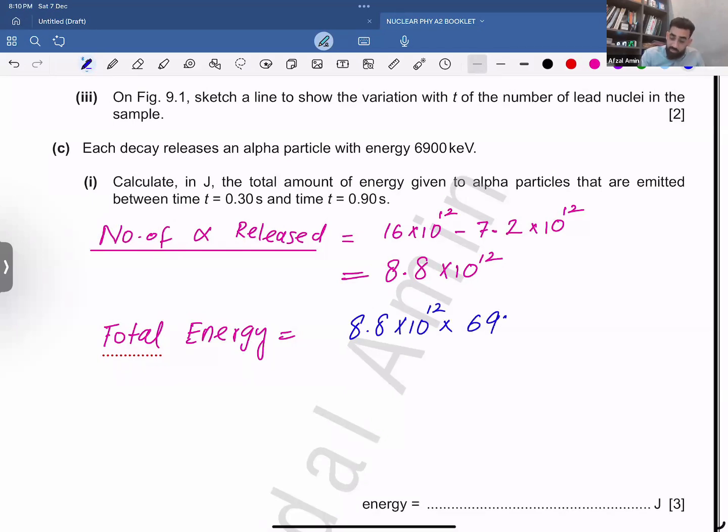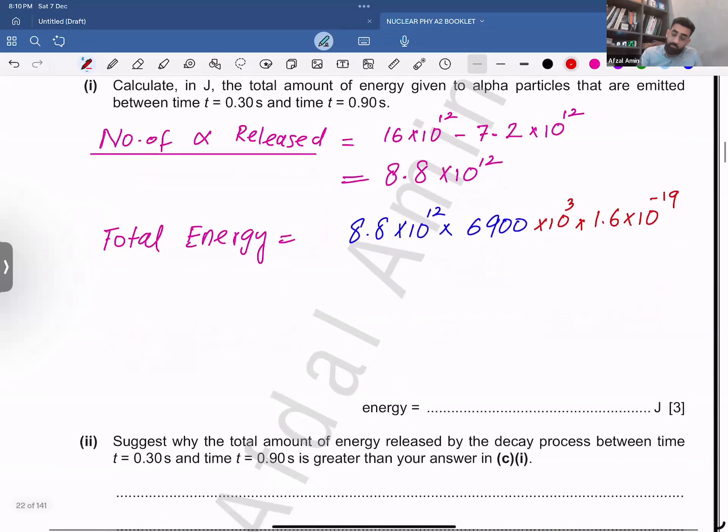8.8 × 10^12 alphas, each alpha is 6,900 kilo electron volt. Now look, 10^3 is for kilo, and 1.6 × 10^-19 is to convert electron volt to joules.